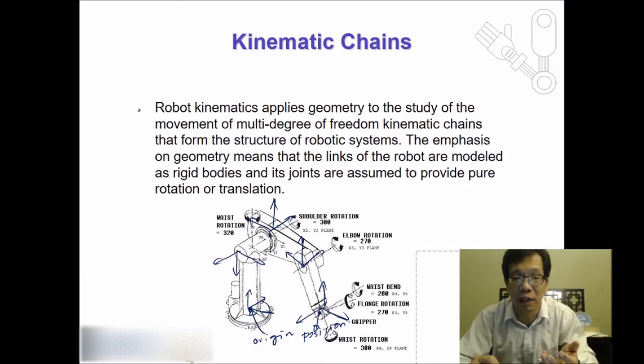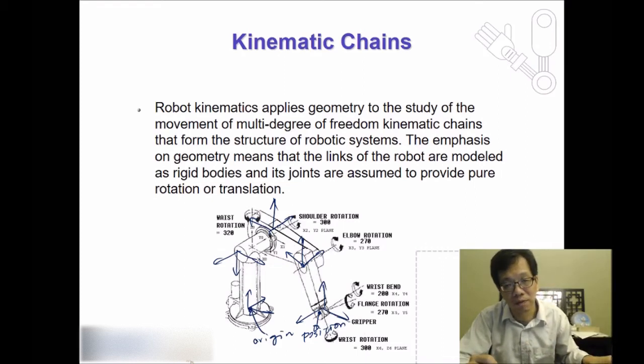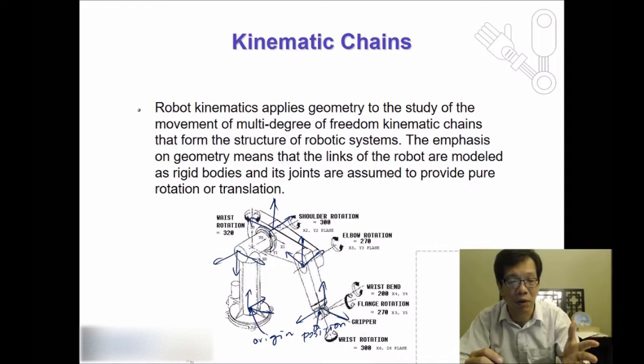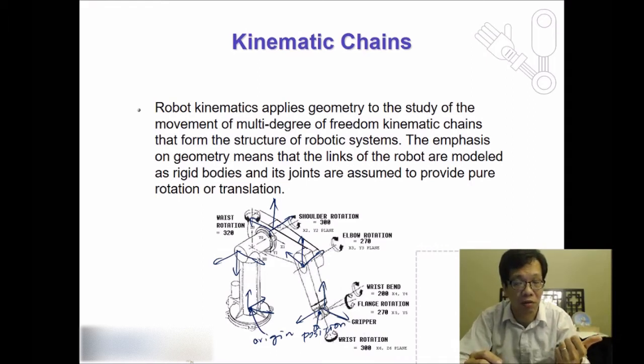We are having everything rotating, so there are some other things we might need to remember. The most important thing we need to know is that we would need to treat the whole kinematics as a chain, because you are not dealing with only single rotation or only single translation.